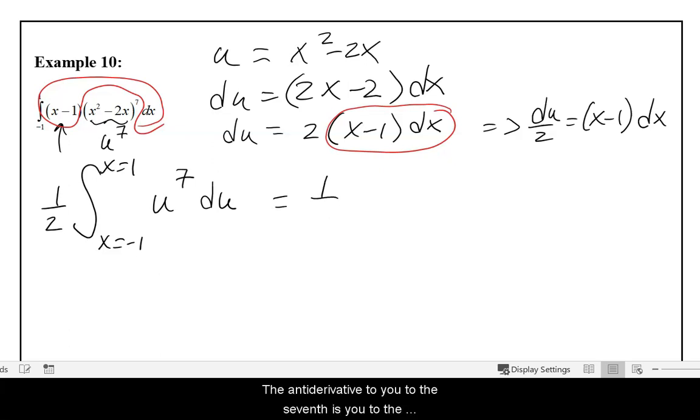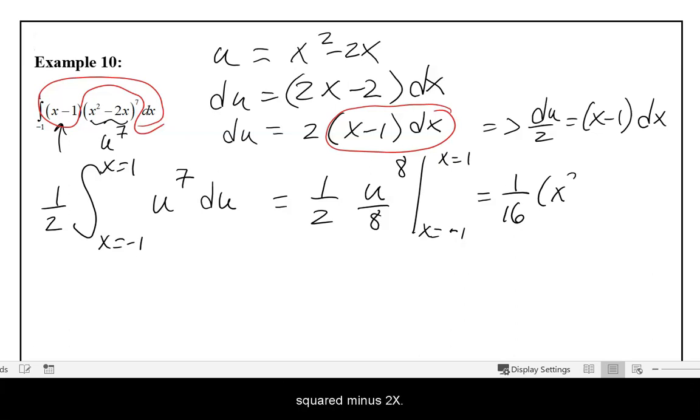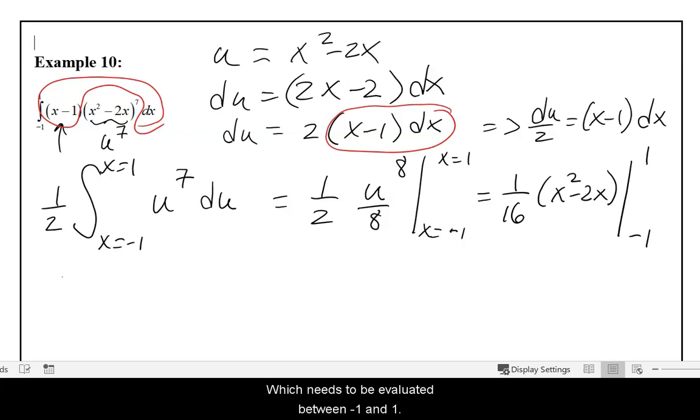The antiderivative to u to the 7th is u to the 8th divided by 8. I need to evaluate between x equal -1 and x equal 1. Switching back now into the x form, I have that u is x squared minus 2x, which needs to be evaluated between -1 and 1.